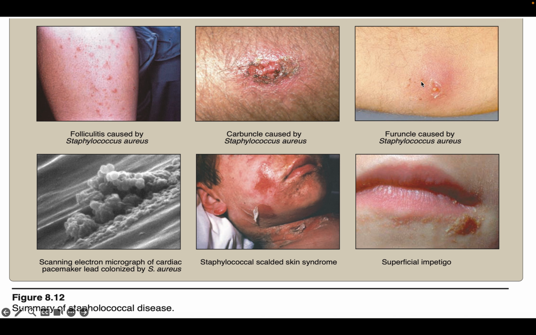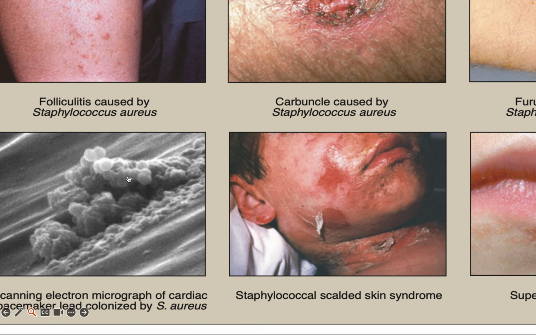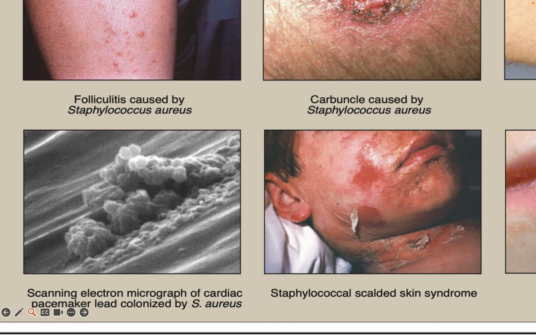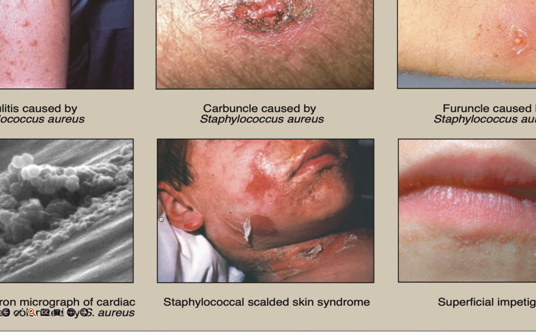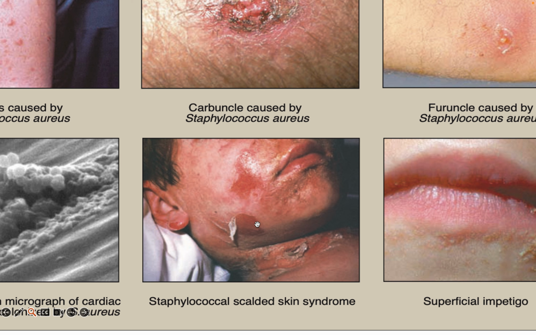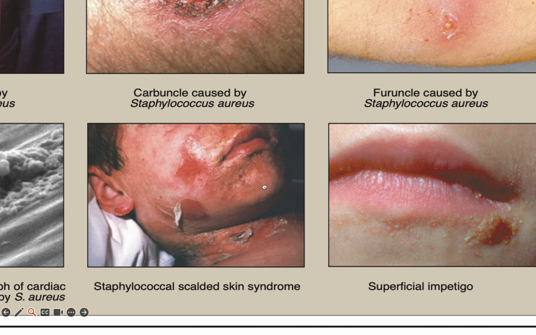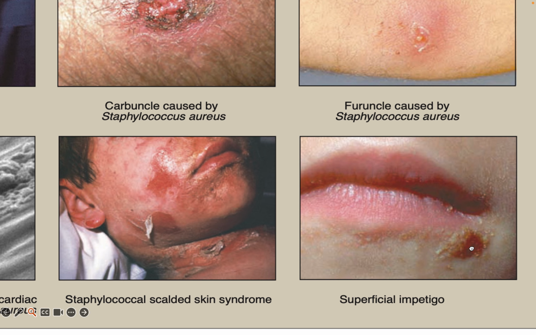This is a furuncle also of the hand, and this shows a cardiac pacemaker colonized by these structures, which is Staph aureus. This is staphylococcal scalded skin syndrome, and this is impetigo, the honey-crust lesions that can be caused by streptococcus too.